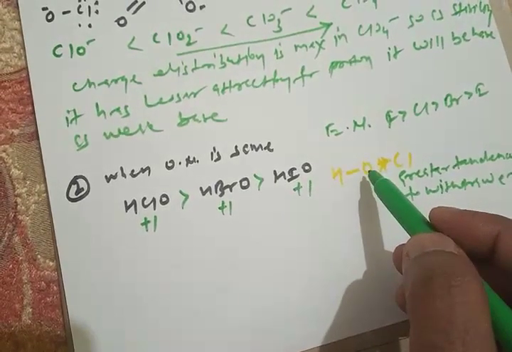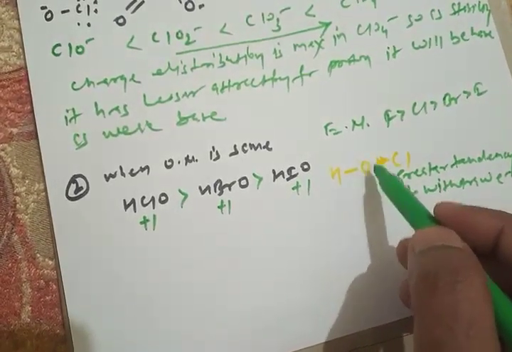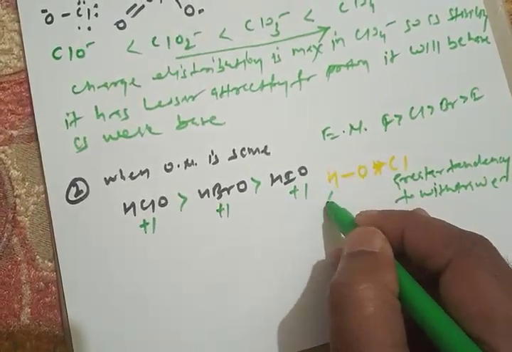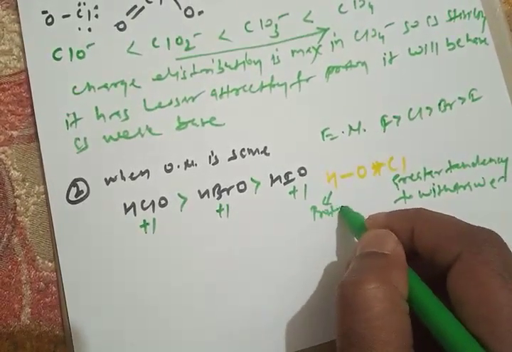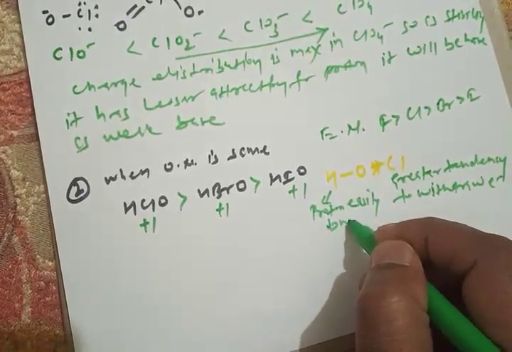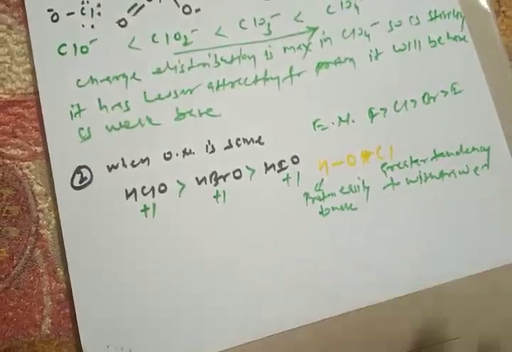Here the electron density will be reduced, and if the electron density is reduced, the proton can easily be donated. In this case, the proton is easily donated, and because of this it is a stronger acid.